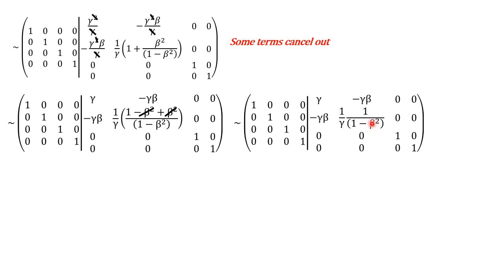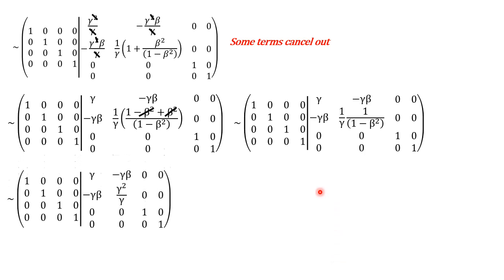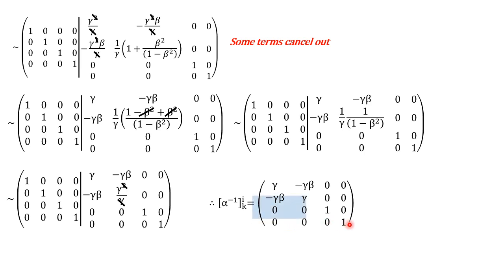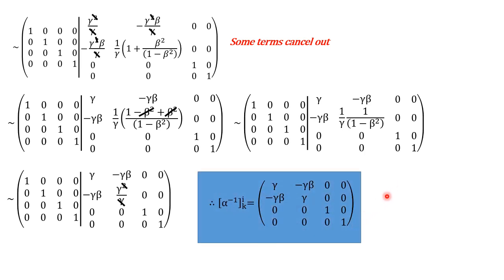So actually we had earlier seen that this term is gamma squared, and when we do that replacement, we have gamma squared on gamma. So obviously 1 gamma cancels this gamma down here, and we result now to the inverse as gamma, minus gamma beta, 0, 0; minus gamma beta, gamma, 0, 0; 0, 0, 1, 0; 0, 0, 0, 1. So that gives us the inverse of the Lorentz transformation matrix.